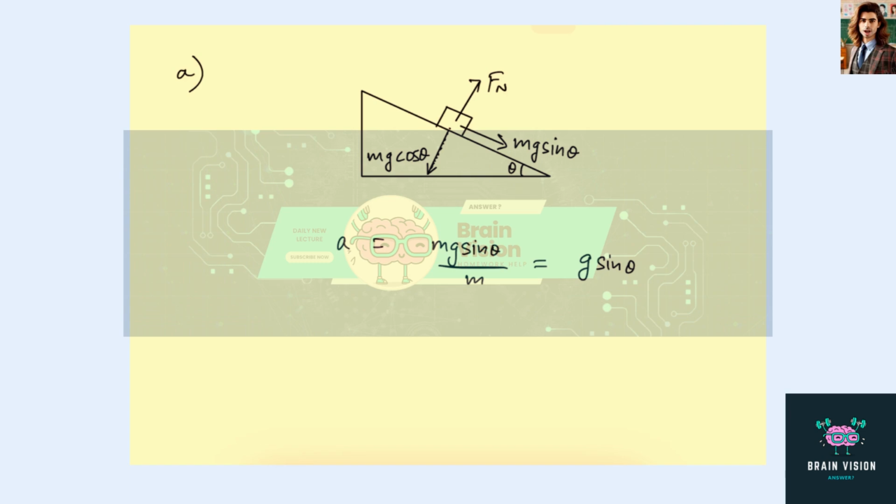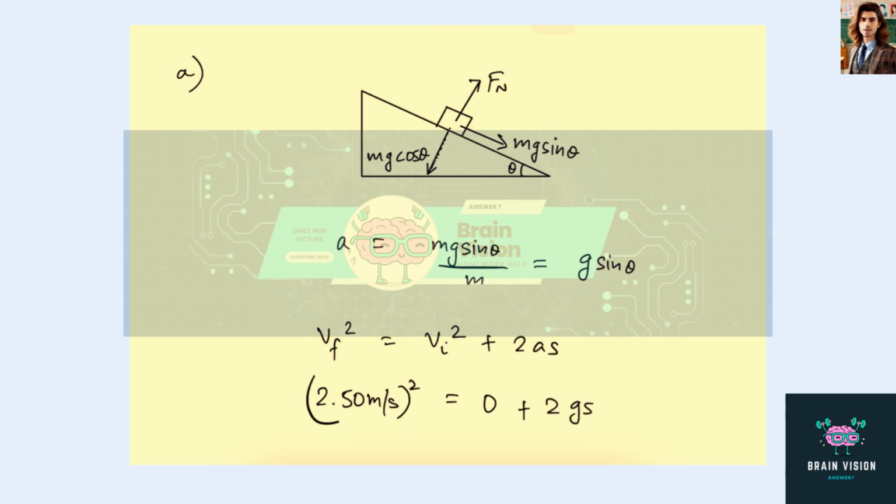Now we will use the equation of kinematics, Vf squared equals Vi squared plus 2as for motion along the ramp. Final velocity is 2.50 meters per second. Initial velocity is 0 at the top of the ramp.